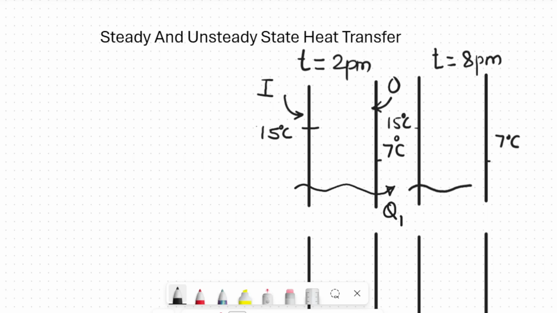So we have measured the heat transfer. Suppose this is Q2. Now what we are observing is that the value of Q1 is equal to Q2. That is, the heat transfer is not changing with respect to time.